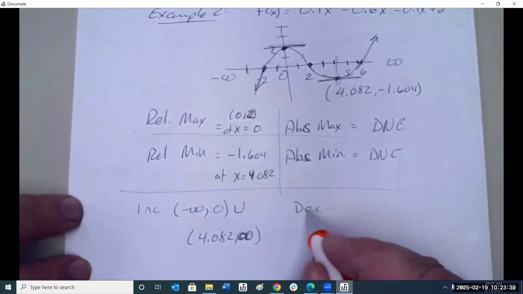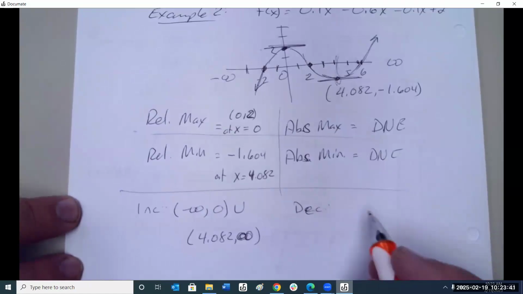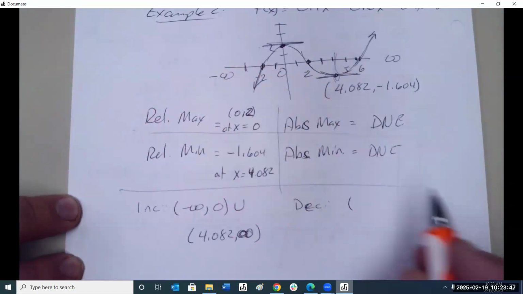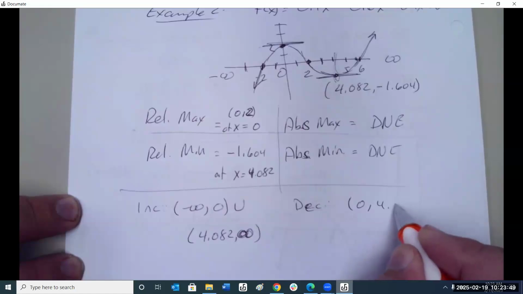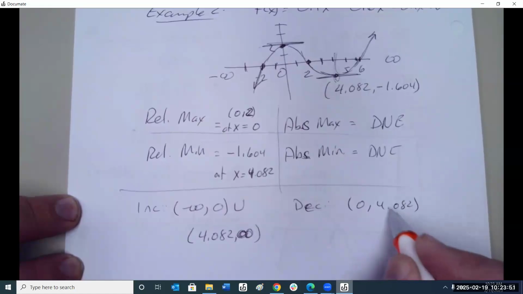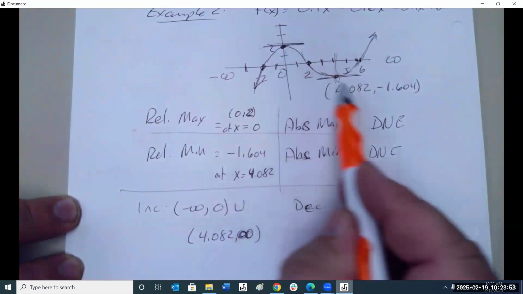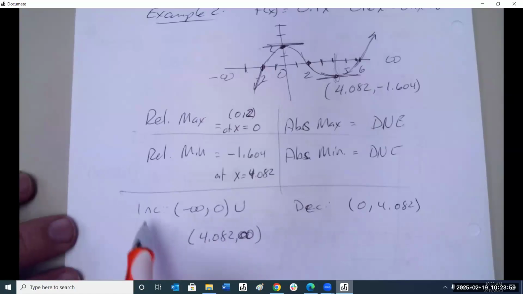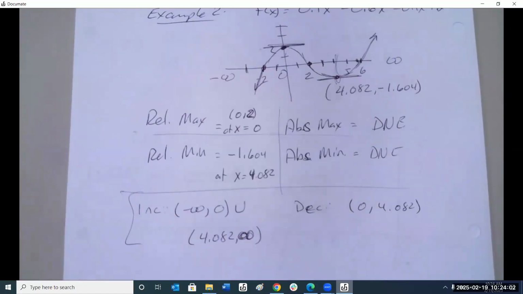Where is it decreasing? It's decreasing from 0 to 4.082. The y values of the points don't matter for increasing and decreasing. All I'm looking for is the x values.